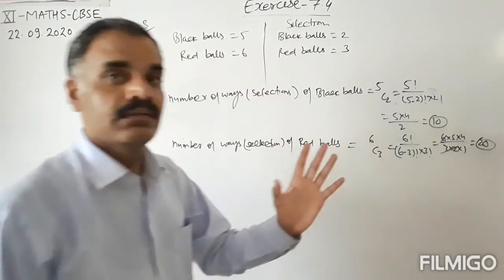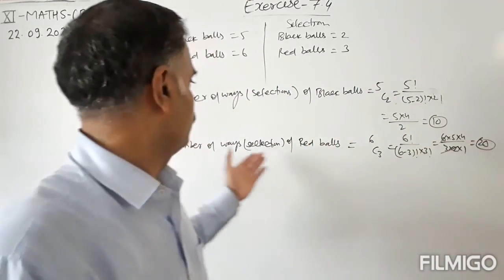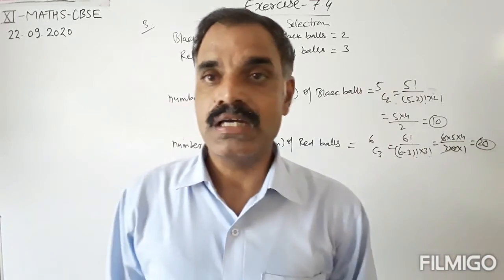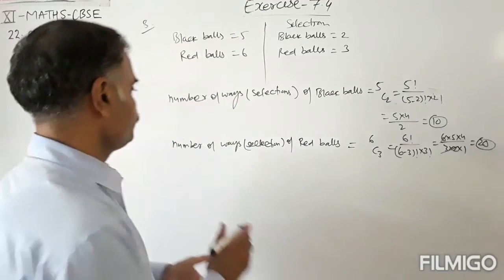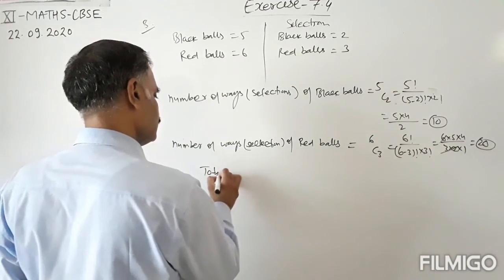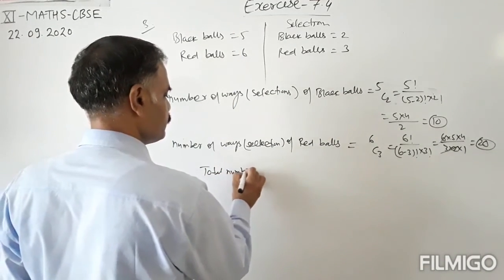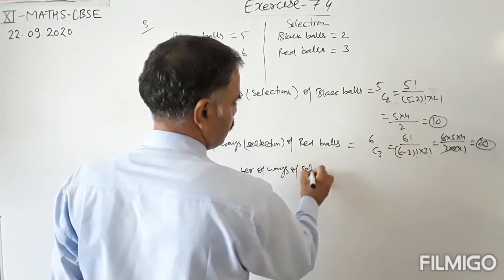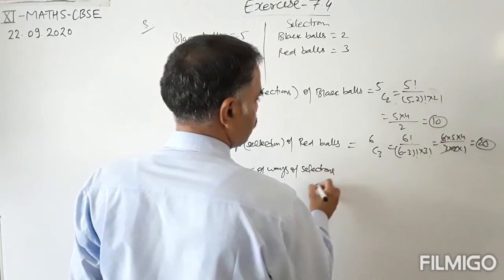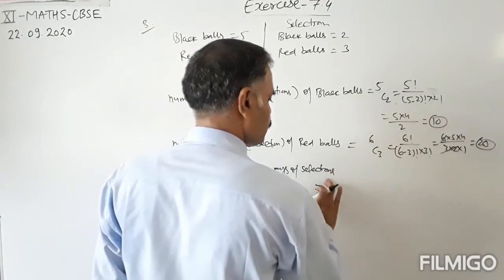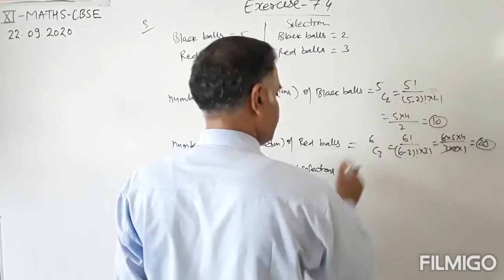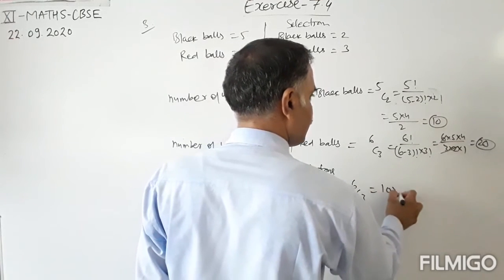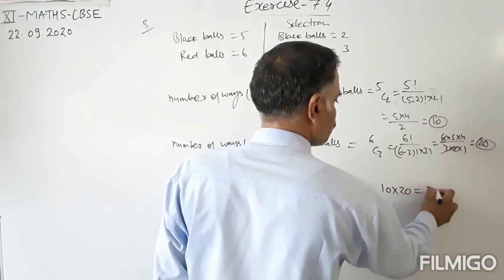So 20 selections of red balls are there and 10 selections of black balls are there. So total number of ways of selection is equals to 5C2 multiplying 6C3, multiplying 10 into 20, is equals to 200.